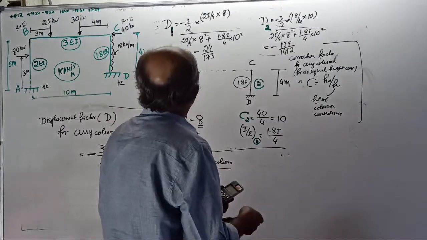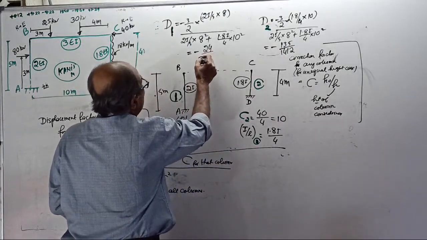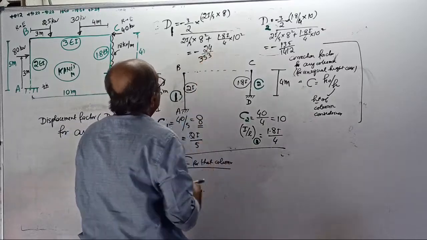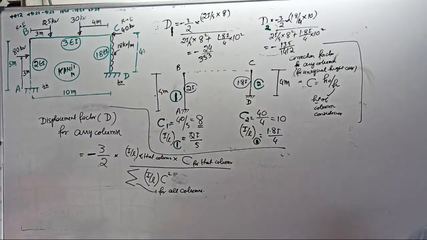24 by 353. Who told this answer? It is 24 by 353. Who told the answer? 24 by 170 something. Who told it? Now correct. 24 by 353, now correct. Okay, I got it, I checked it now. See, I checked it.